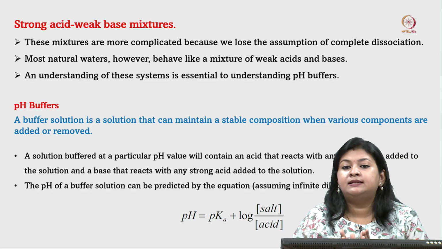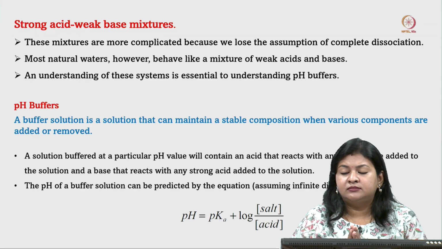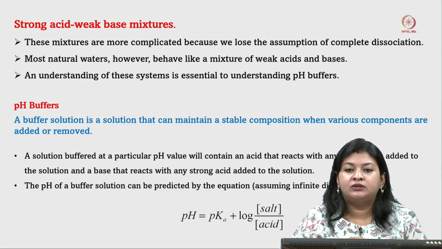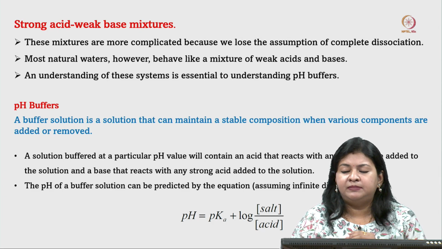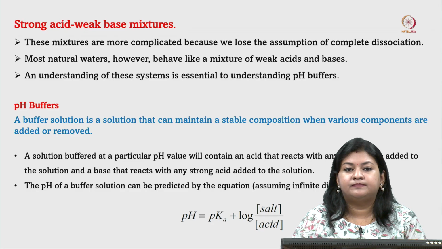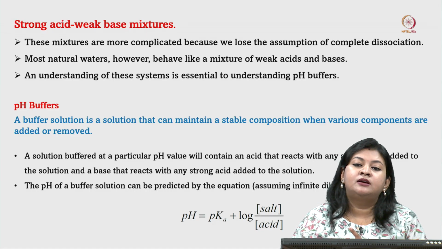So, if you see that whatever aquatic system you are taking is showing very strong buffering, that means its pH is extremely constant. Its pH is just not changing. Then you know that the buffering system is very strong.